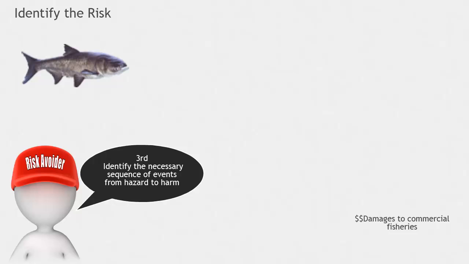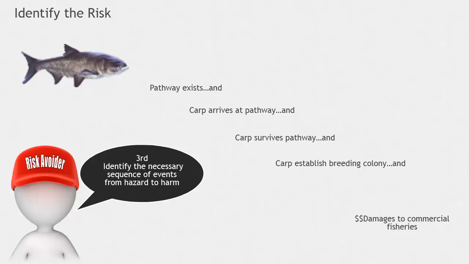Next, you identify a possible sequence of events that result in your hazard causing the harm you have identified. Again, in this example, a pathway must exist, the carp must arrive at it, survive passage along it, establish a breeding colony in the new watershed, and then spread throughout the Great Lakes, resulting in the loss of commercial fisheries.